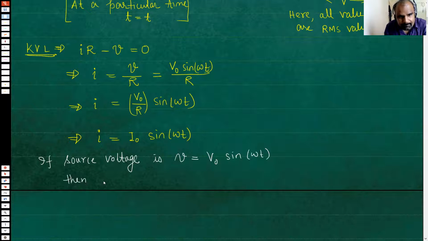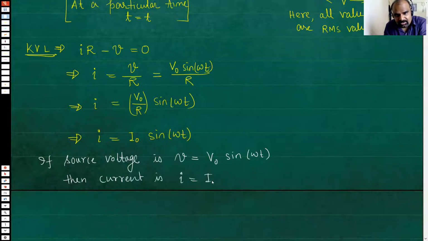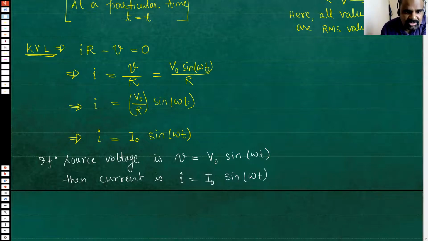then the current is I equal to I0 sin omega t. What is the thing to be noticed here? What is this called?